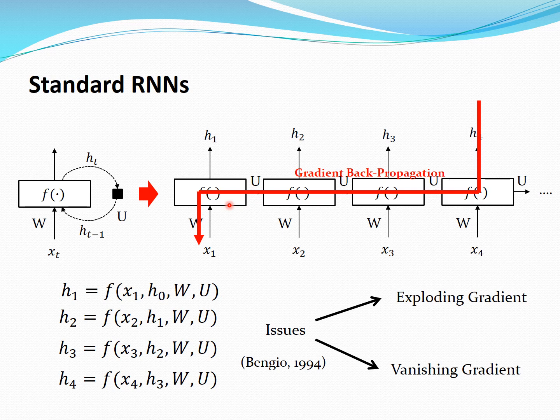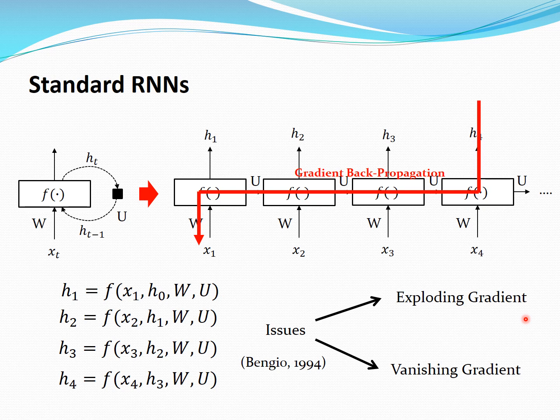So what is the problem here? One problem that arises when we backpropagate through a long chain of computation could be exploding gradient. So the gradient tends to be very, very big. This is a problem that we can easily mitigate by adding a clipping strategy.